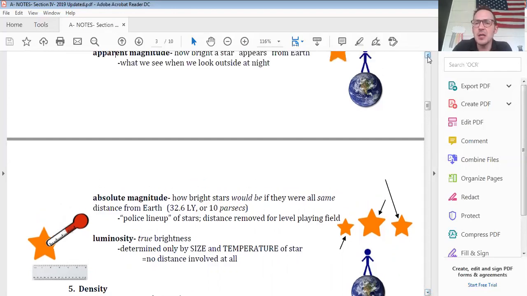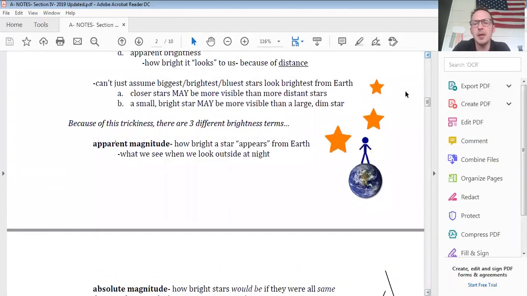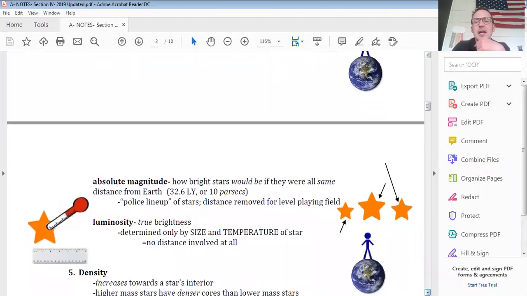Notice, Astro Teens, I tried to make these diagrams look the same. So up here, notice the stars very close to our person appear bright. The ones farther away appear dim. But now if we look at the second diagram, if we move them all to a standard distance, notice the star that appeared bright was really only bright because it was close to the Earth.